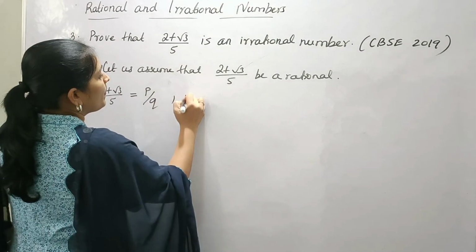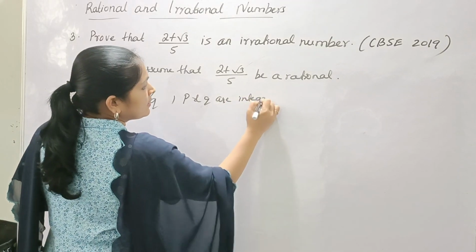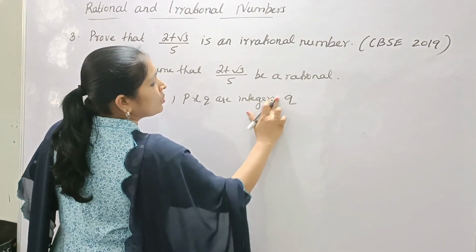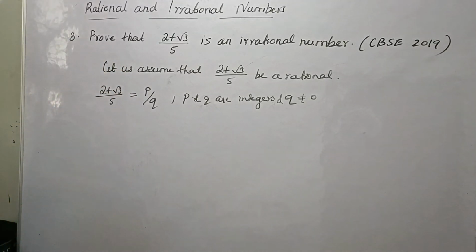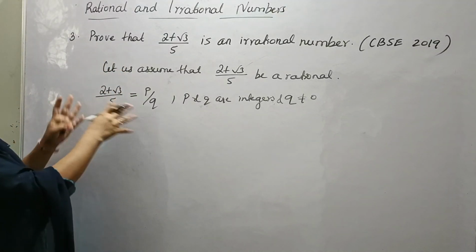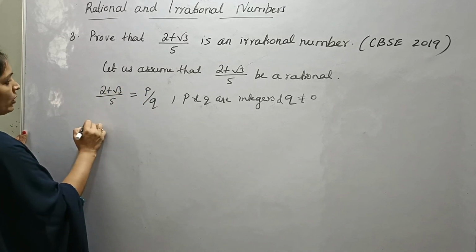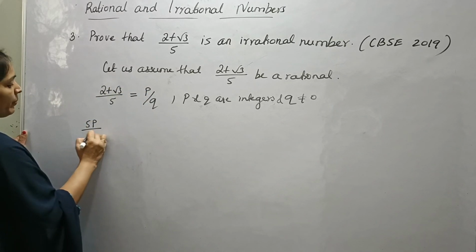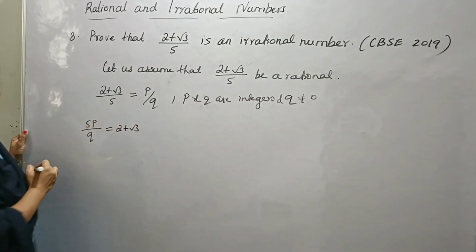What are p and q? p and q are integers and q is not equal to 0. Here let's simplify this equation. Take 5 to the right side, so it will be 5p divided by q equal to 2 plus root 3.